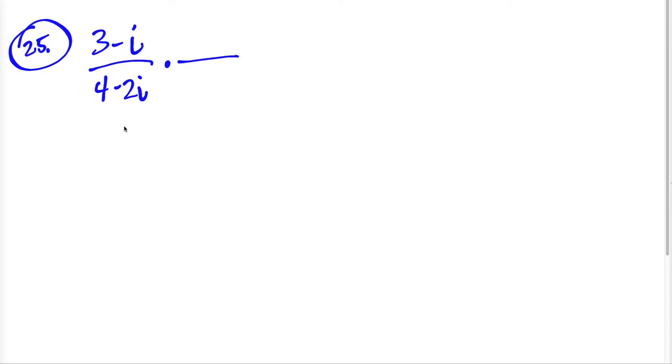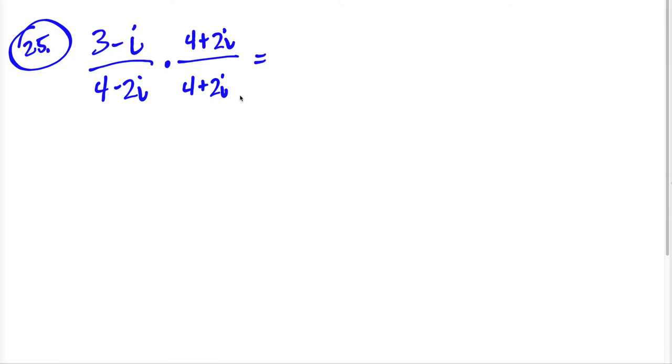The fan's blowing really hard. 4 minus 2i. Close. So the conjugate pair means you change the symbol on the i. So we would multiply it by 4 plus 2i. That's what the conjugate pair is. So doing division of imaginaries, that's how you have to do it to get the answer.